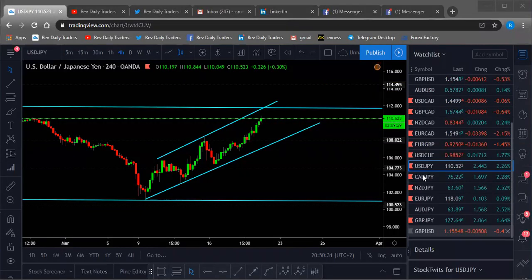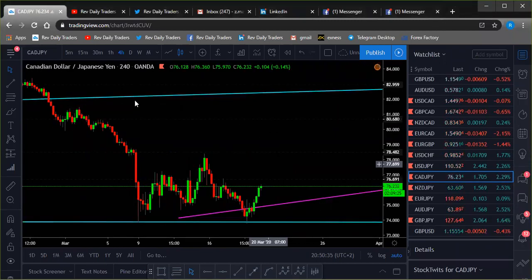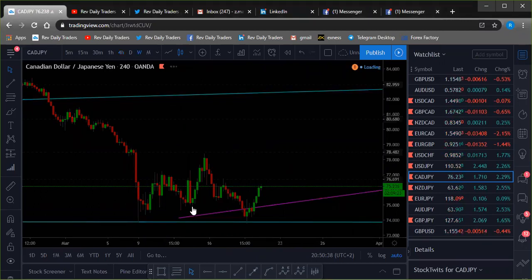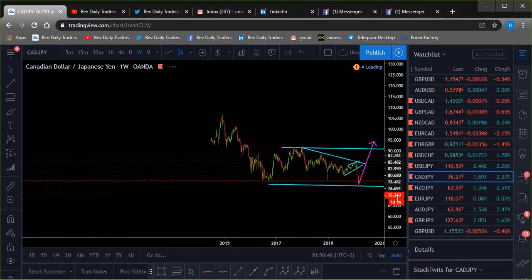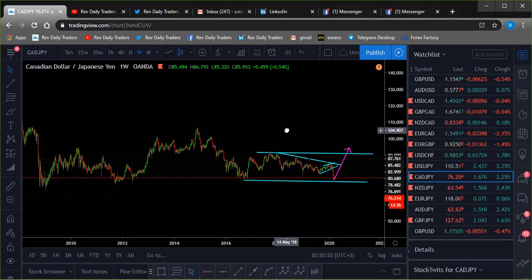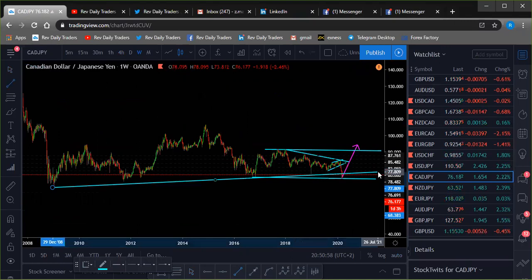We'll go to CAD yen. CAD yen, when we go to weekly and see what we expect here, at the end, still in the correction. Okay, guys?